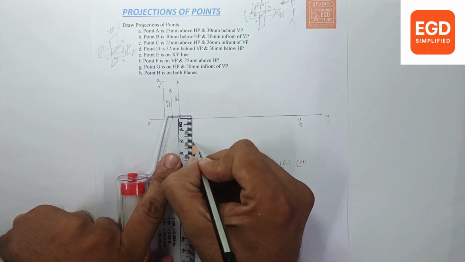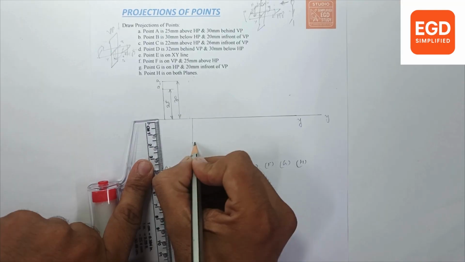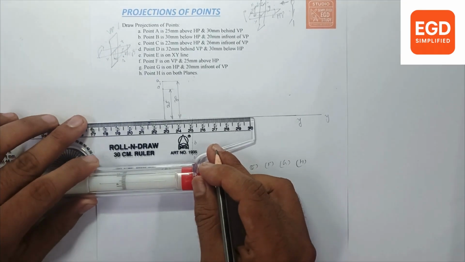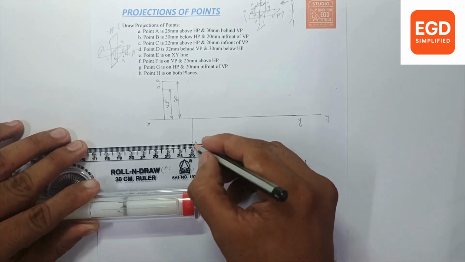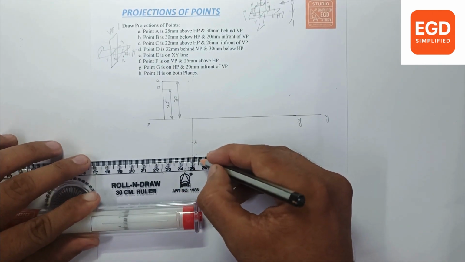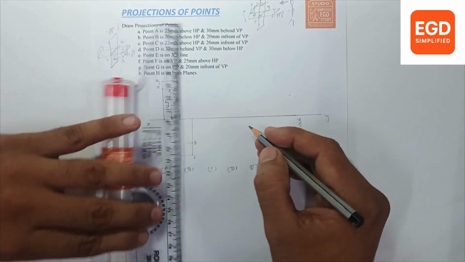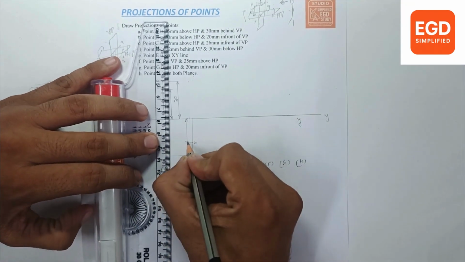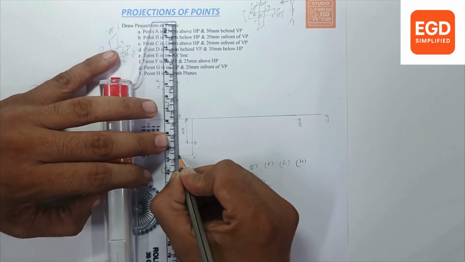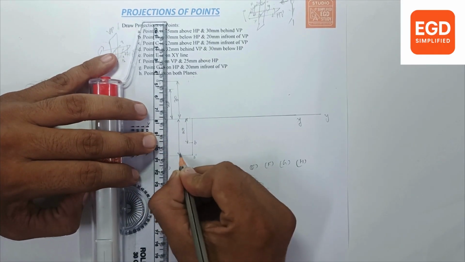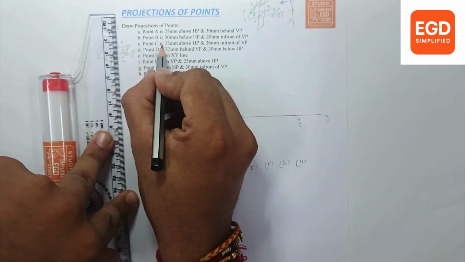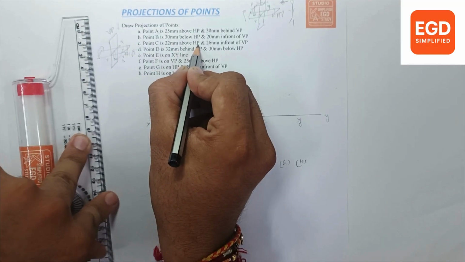So 20 mm here, point B. Give the dimensions. Here 20 mm, 30 mm.